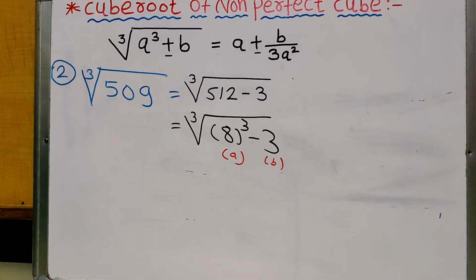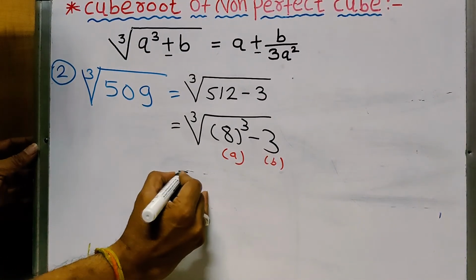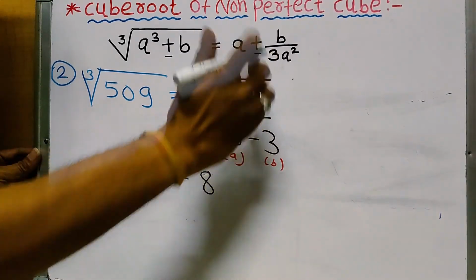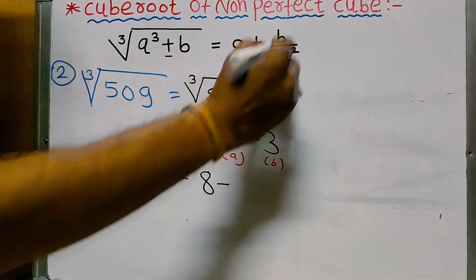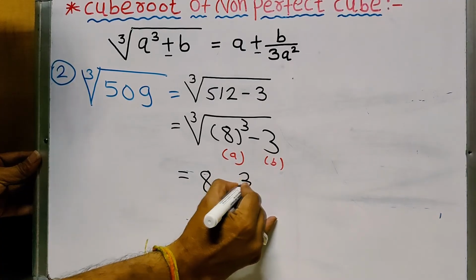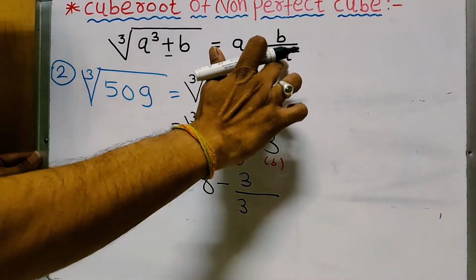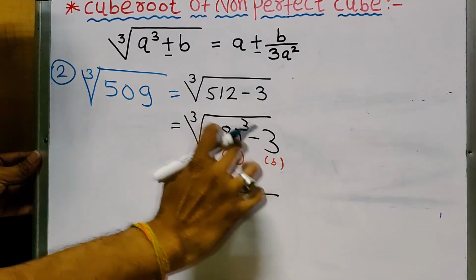So using the formula, a, that means 8 minus b, which is 3, upon 3 multiplied by a square. Here a is 8.